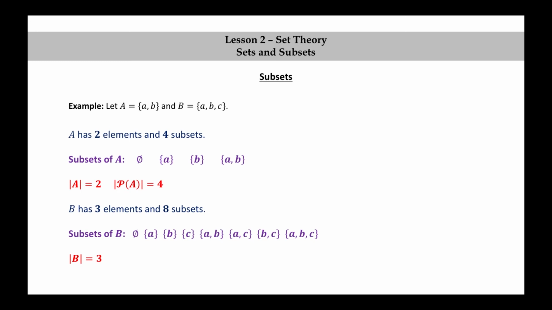The cardinality of B is 3, and the cardinality of the power set of B is 8. Okay, and here's what the power set of B looks like. It's the set consisting of these 8 subsets.